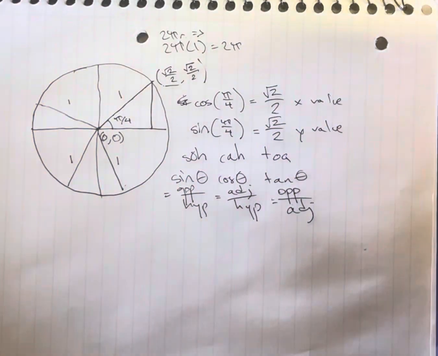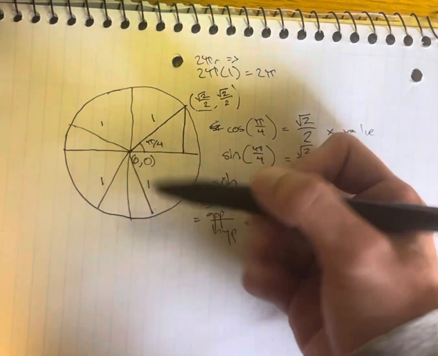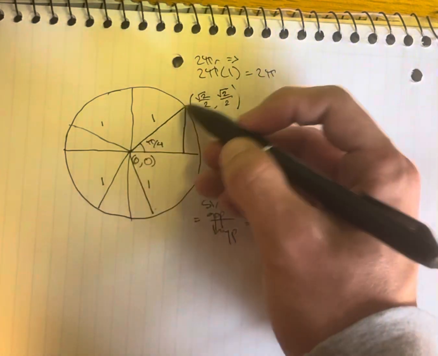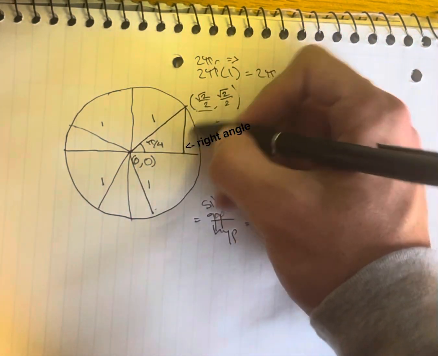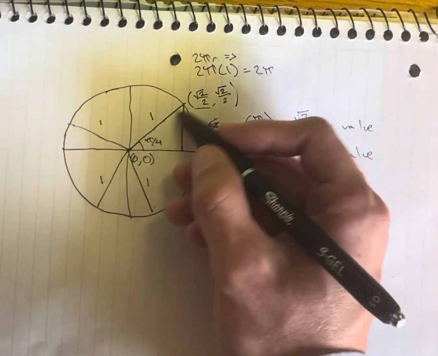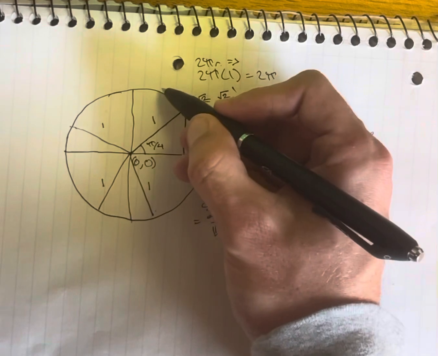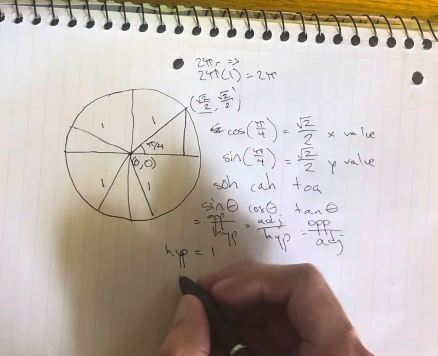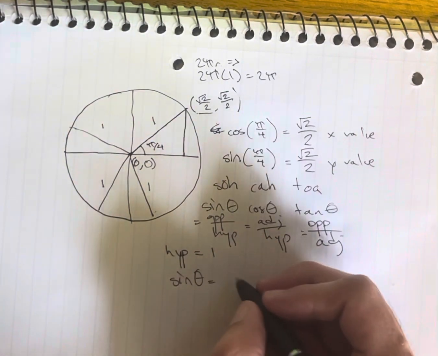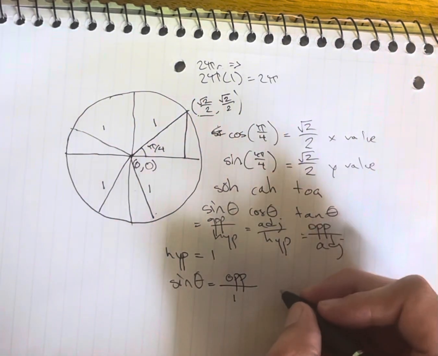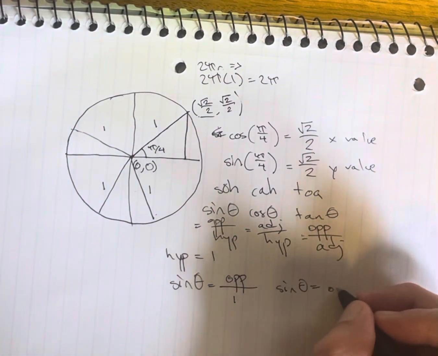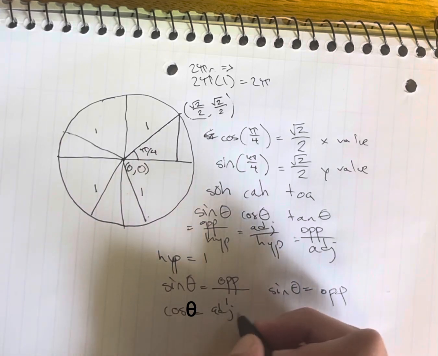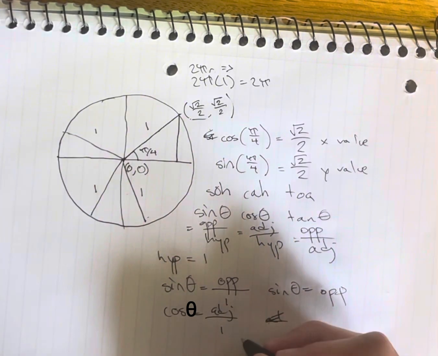So, since the length from the center to any point on the edge of the circle is 1, the hypotenuse of any right triangle that you draw with an angle, as you can see I drew a right triangle, is always going to be 1, because the line from the center to the edge is always going to be 1 no matter what. Since the hypotenuse is always equal to 1, taking the sine of an angle is going to be opposite over hypotenuse, which is 1, and the sine of an angle is just going to be equal to the side opposite the angle. Same thing with cosine, except it's going to be equal to the side adjacent to the angle.